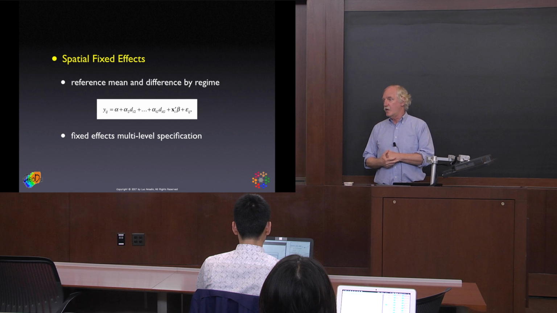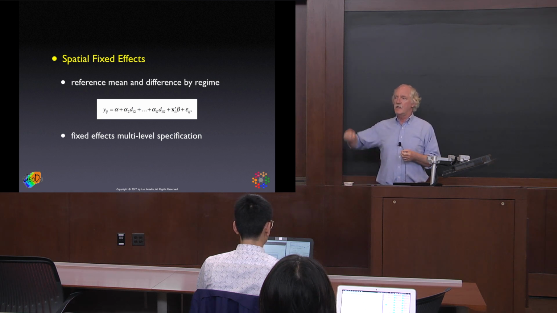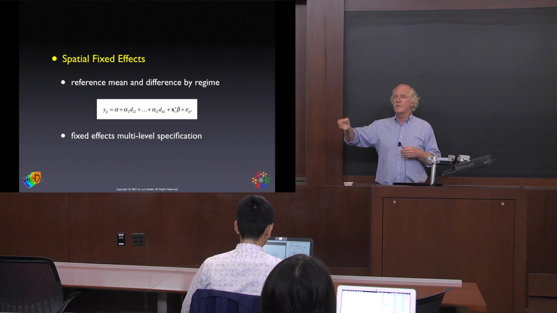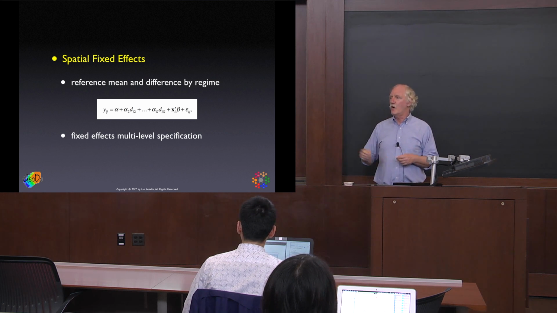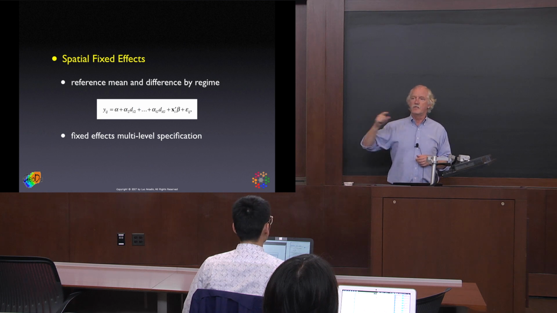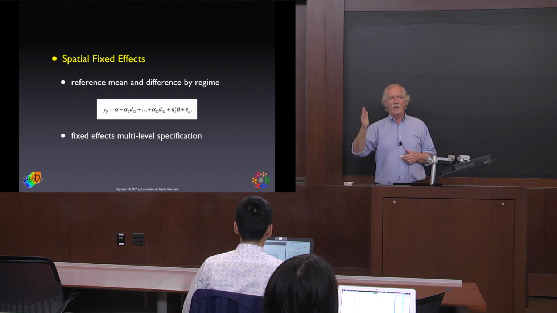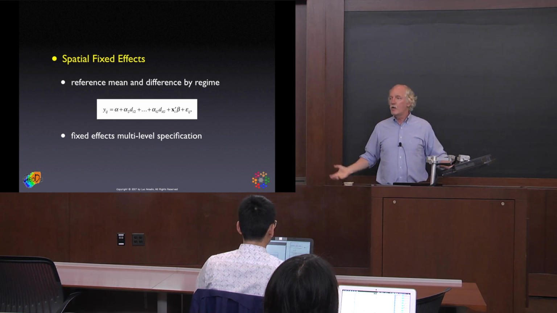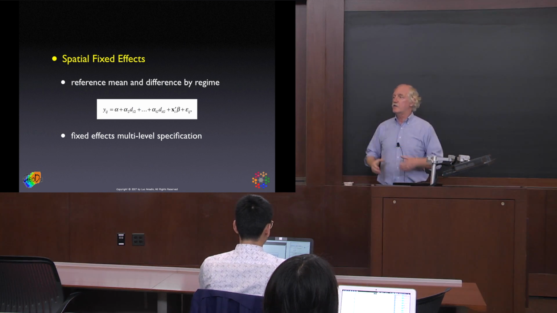The easiest way is called the spatial fixed effect, where basically you tack on an indicator variable that is, again, you have an overall mean and then a different one for each census tract. So all the households in the same census tract have an indicator variable, and that indicator variable captures all the effects of that census tract.